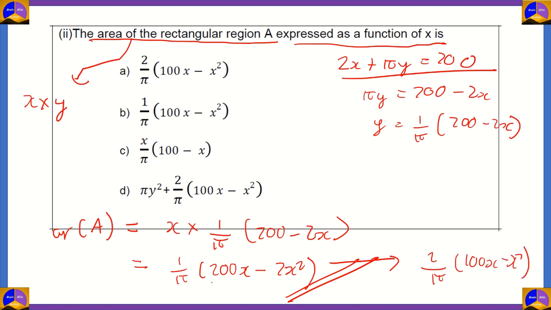Basically, we're taking 2 out of the bracket. So 2 times 100 is 200, 2 times 1 is 2. So the final answer is option A, 2 by pi into 100x minus x squared. This is the equation representing the area of the rectangular region A.